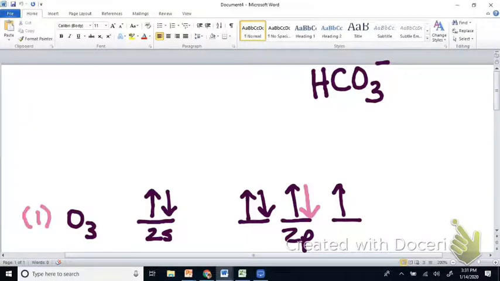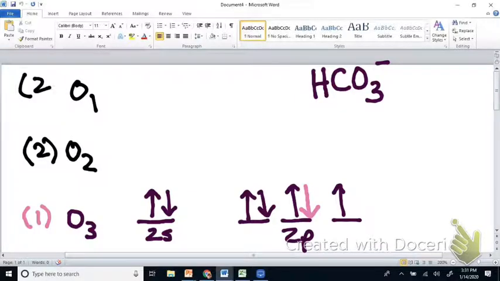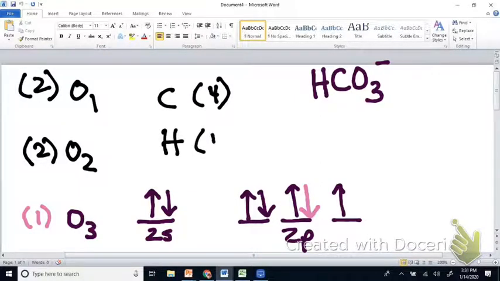The other two oxygen atoms, of course, from the ground state O deck, will make 2 bonds. So O2 will make 2 bonds. O1 will make 2 bonds. The carbon atom will make 4 bonds, and the hydrogen atom will make 1 bond.